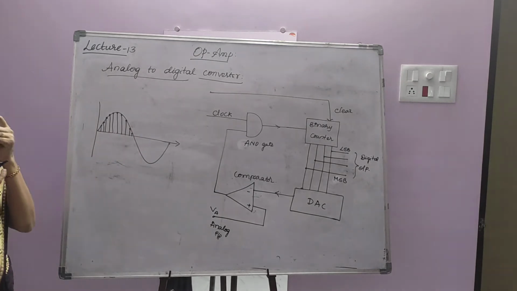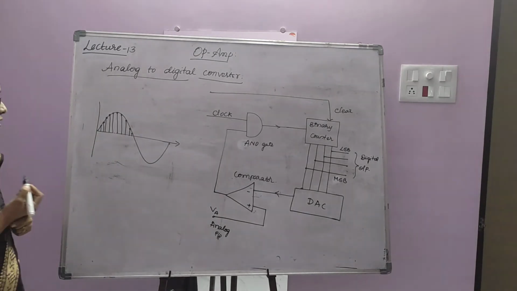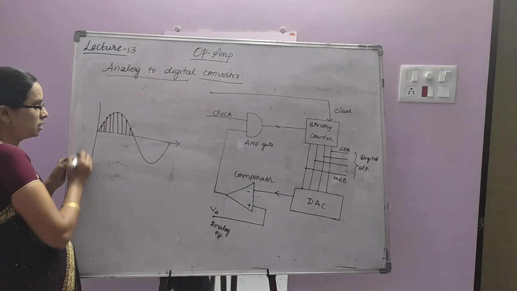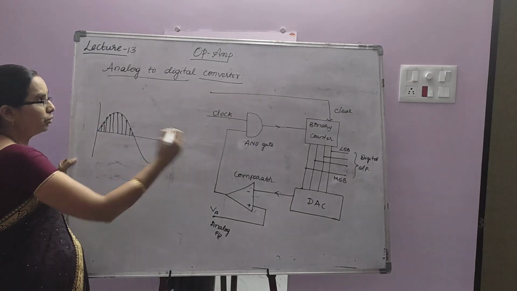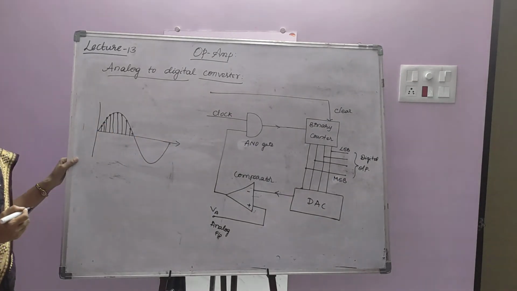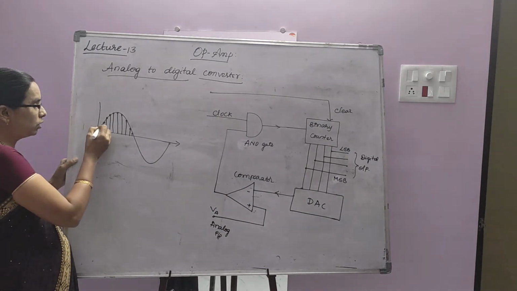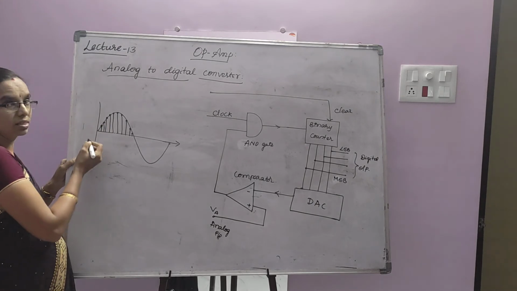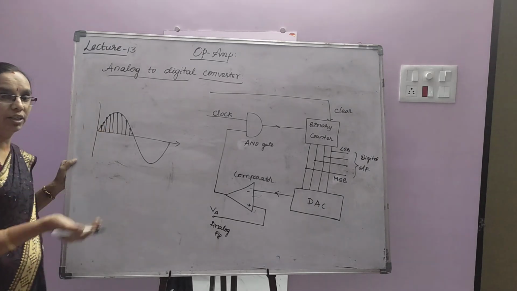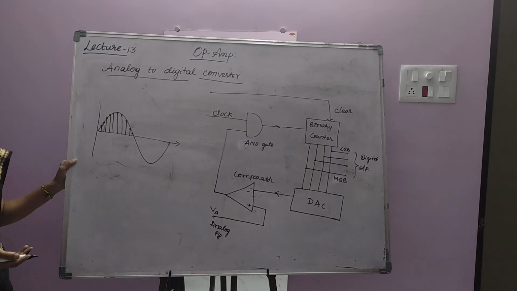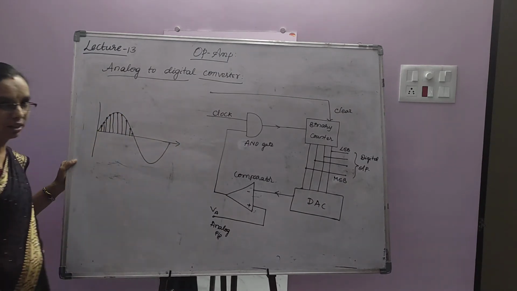I am telling this roughly so that you get an idea of analog to digital converter. These sample voltages will be given to the input of the analog to digital converter, and these analog voltages will be converted into digital format by using the analog to digital converter.